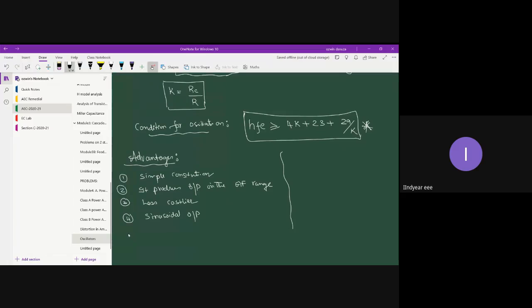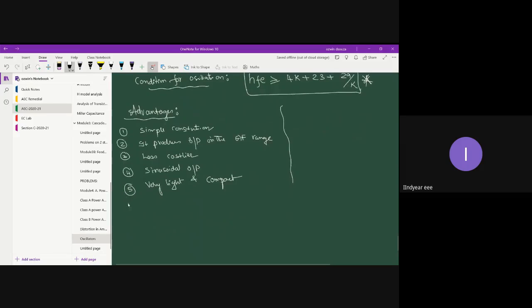You can also say that it is very light and compact. Since it consists of fewer elements, it can be fabricated in the form of an IC.